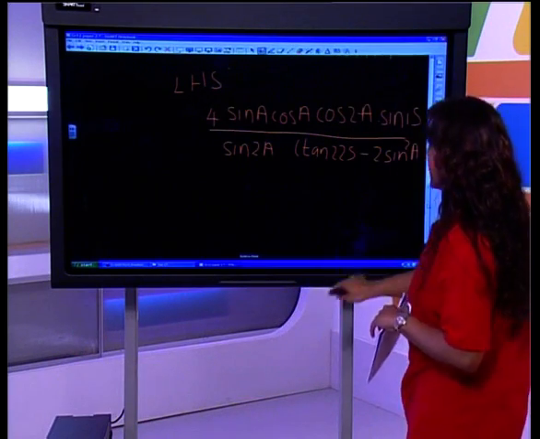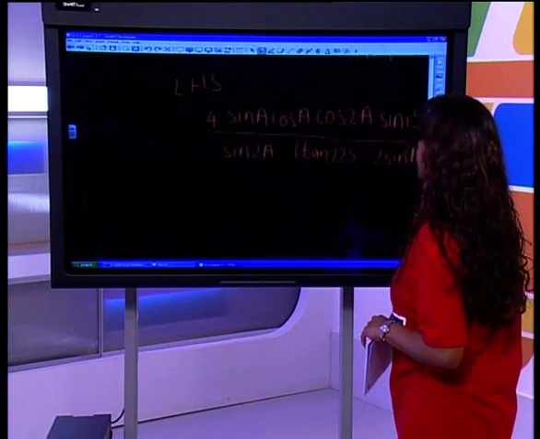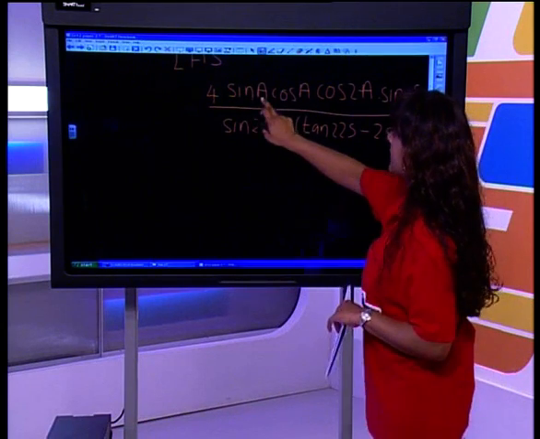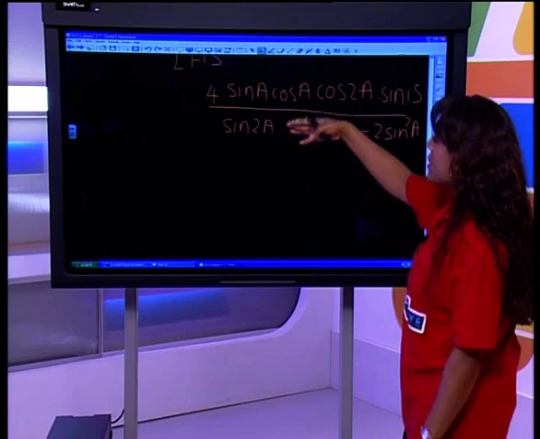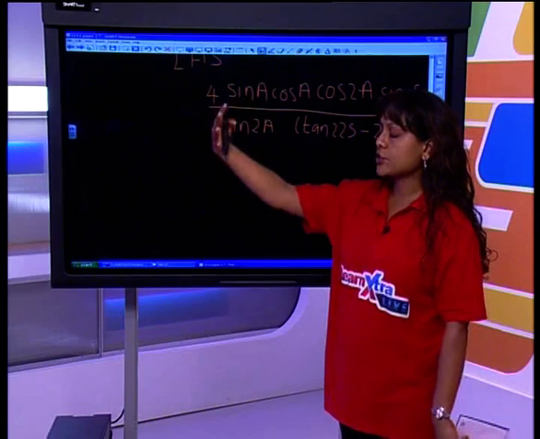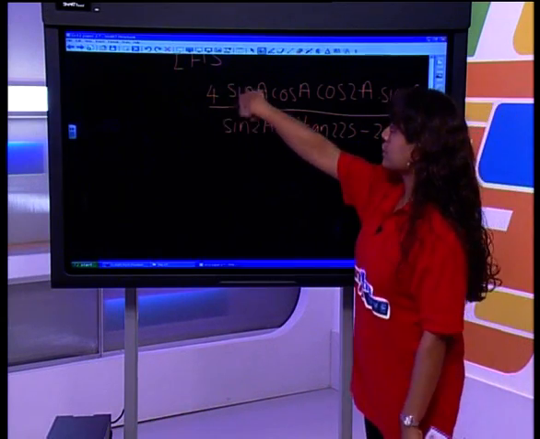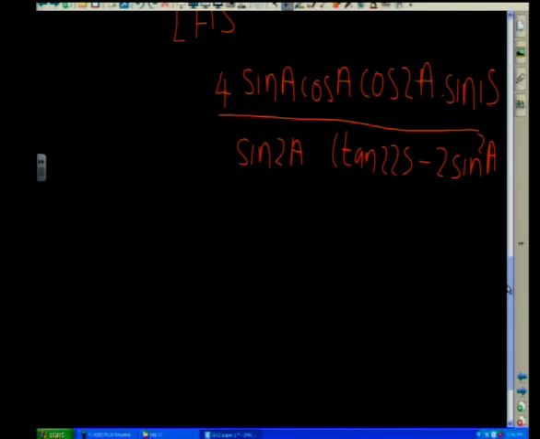Okay, the first thing we can do, all right, is we can see that we've got 4 sine A cos A. So we know that there's an expansion for sine of 2A, which is 2 sine A cos A. So if I could just get a 2 into that first expression, I could then use the expansion.